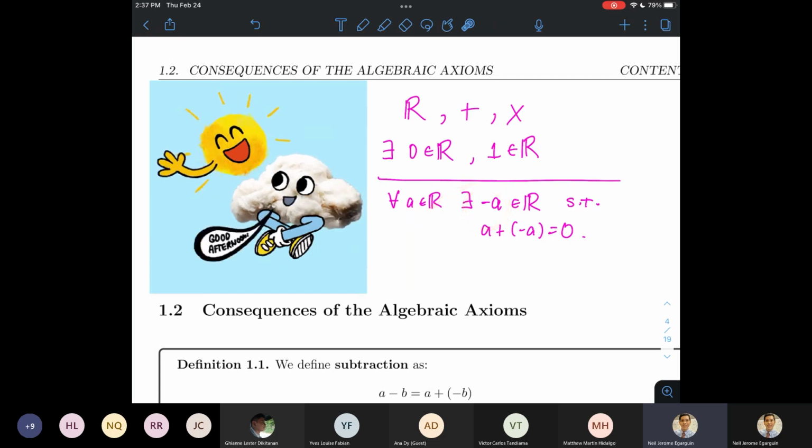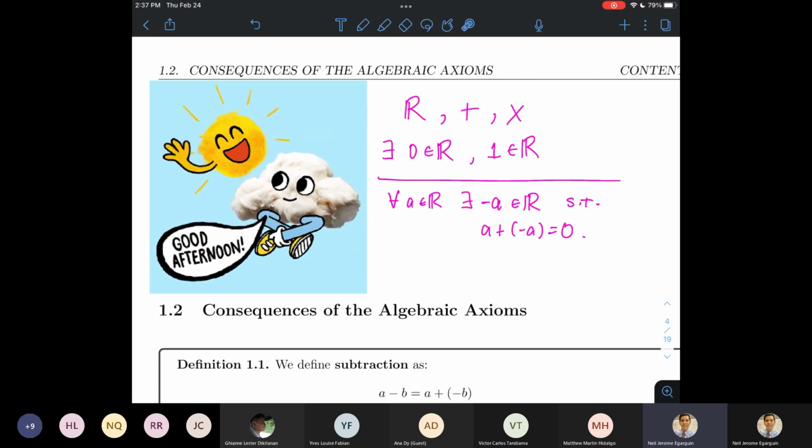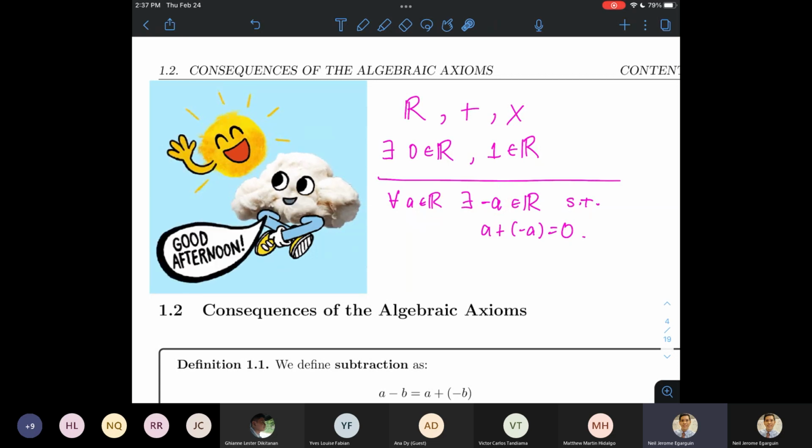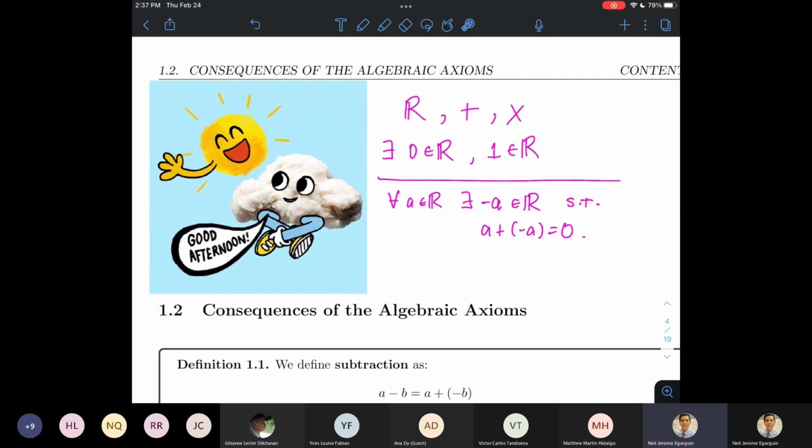Babasahin natin siya or i-interpret natin siya as the additive inverse of A. Meaning, this real number is what is to be added to the number A so that we get the additive identity back. All right? So notation lang to para sa additive identity.